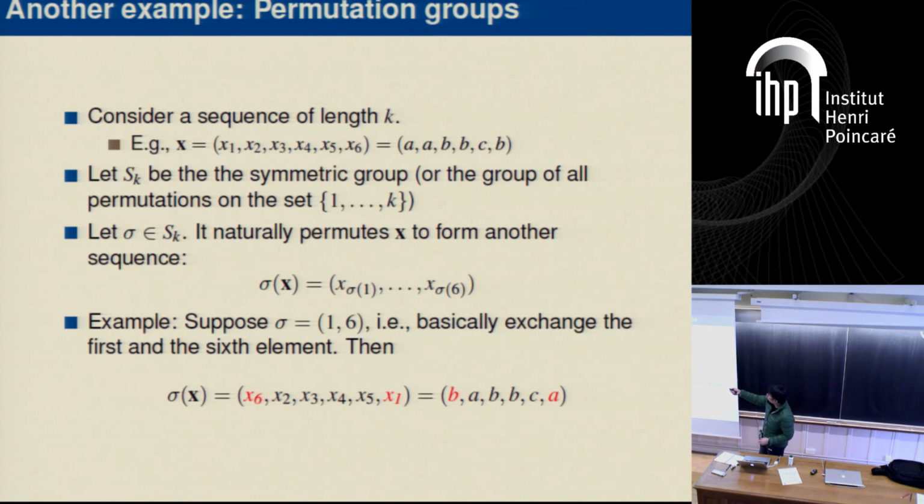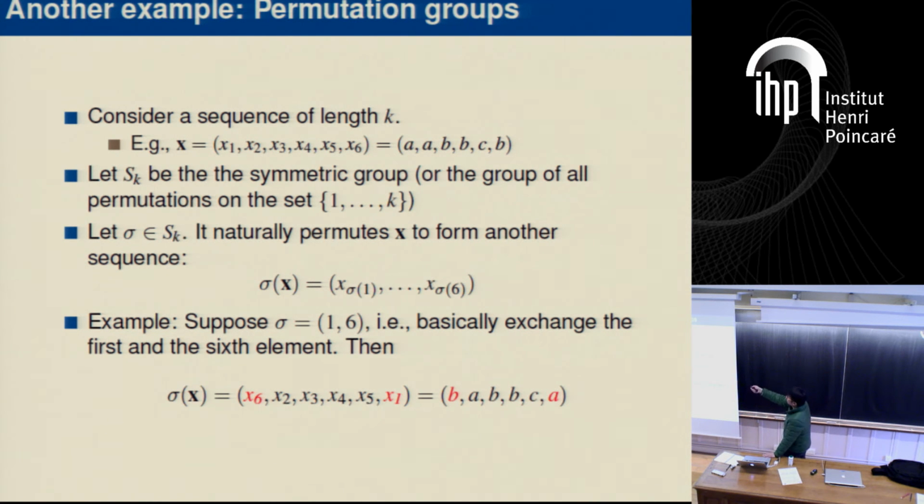So for example, originally it will be AABBBC. If I use this permutation on the sequence, where I shuffle the 1 and 6 positions, in that case, the new sequence I will get after the permutation will become x6, x2, x3, x4, x5, x1. I'm just swapping the positions.